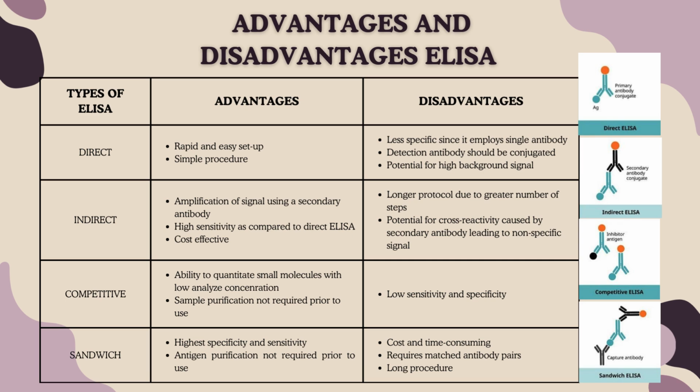And the last one is sandwich. Advantage of sandwich is higher specificity and sensitivity, and antigen purification are not required prior to use. The disadvantage of sandwich is cost and time consuming, require matched antibody pairs, and long procedure.